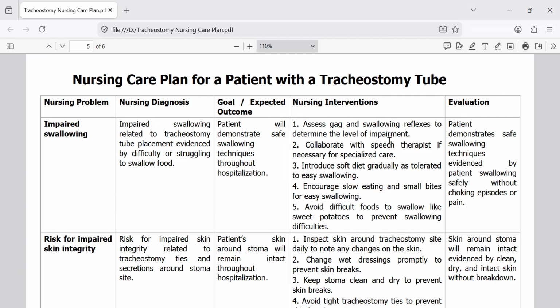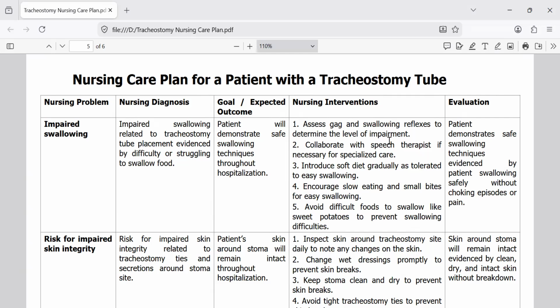This tracheostomy, this tube that is inserted in the trachea, will put pressure on the tube that is proximal to it, meaning behind it. Therefore, the patient will be having difficulties to swallow.